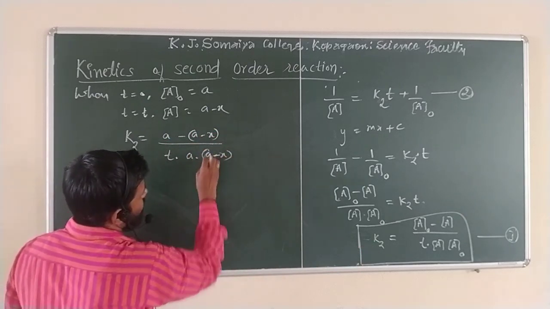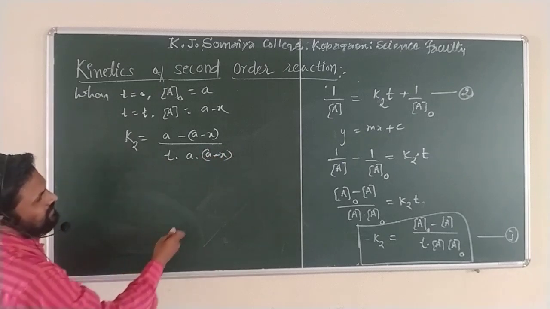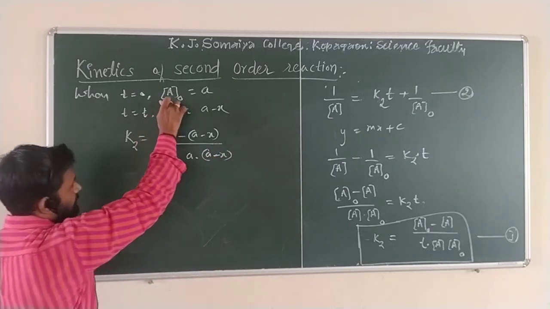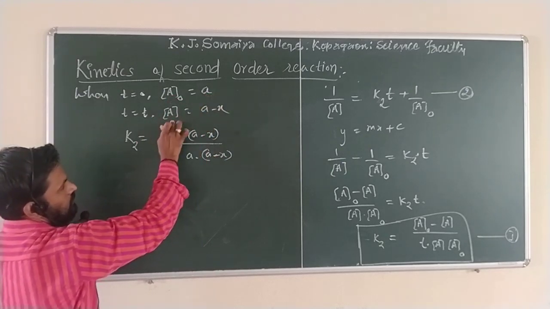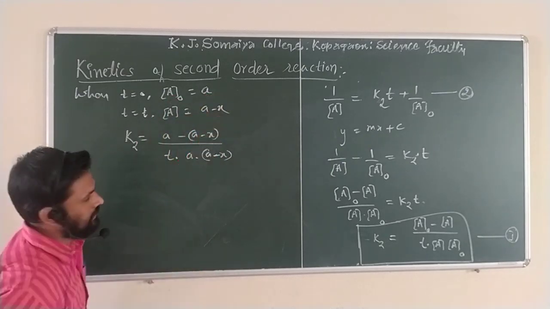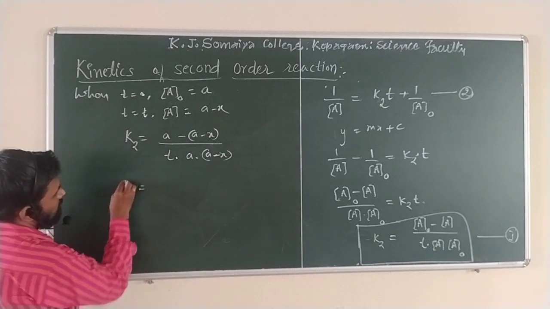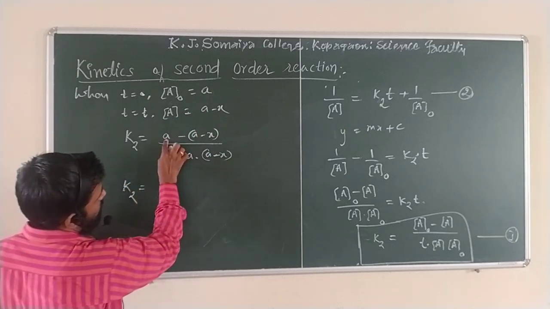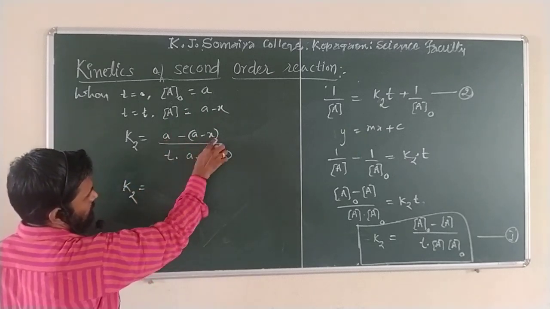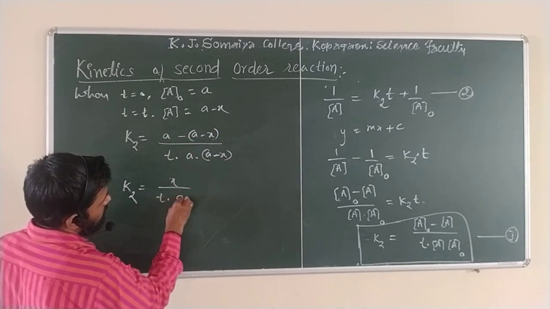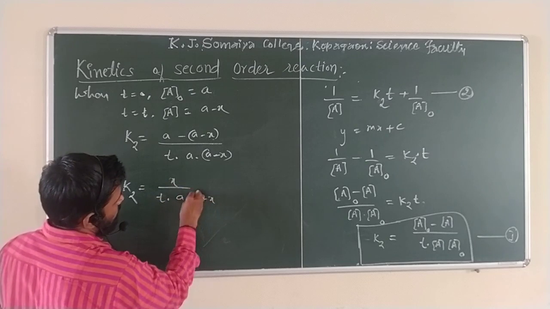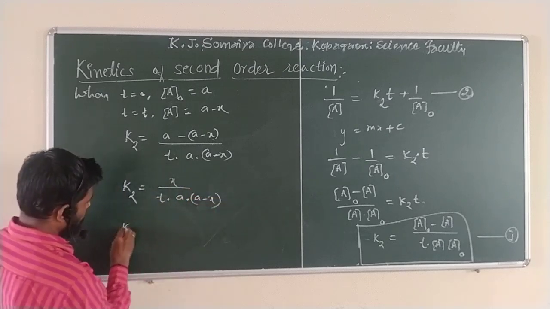Are you getting my point? This is just what I did. Instead of writing a0, I write a. Instead of writing the concentration of a, I write a minus x. Now simplify this. What will you get? Plus a minus a will be cancelled, minus minus you will get plus x, so x upon t into a minus x.